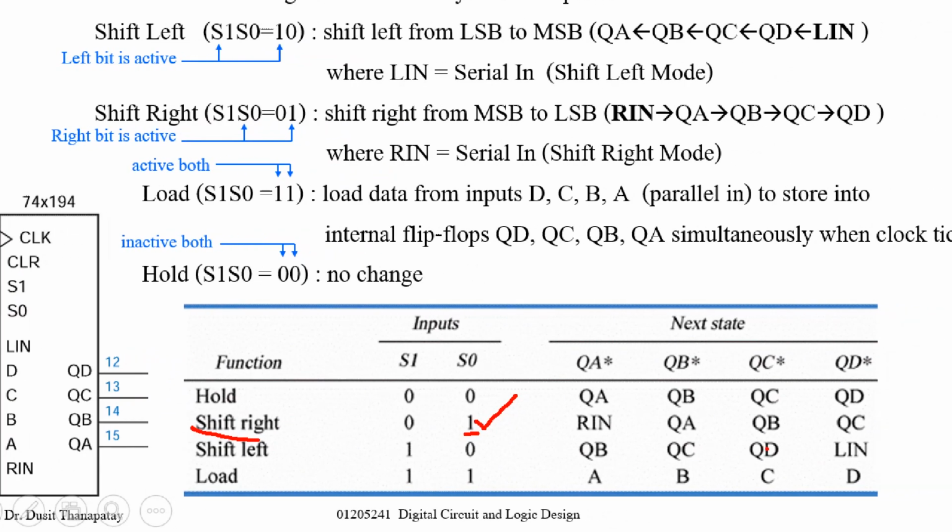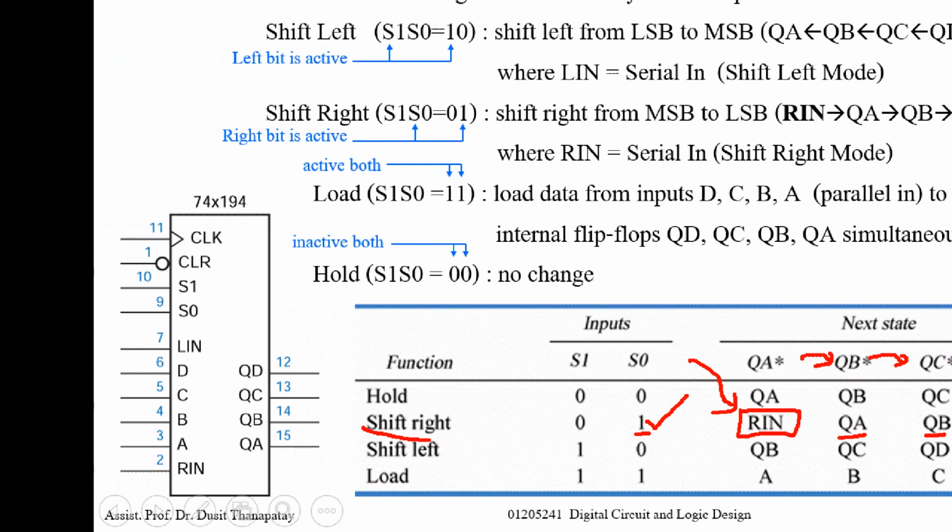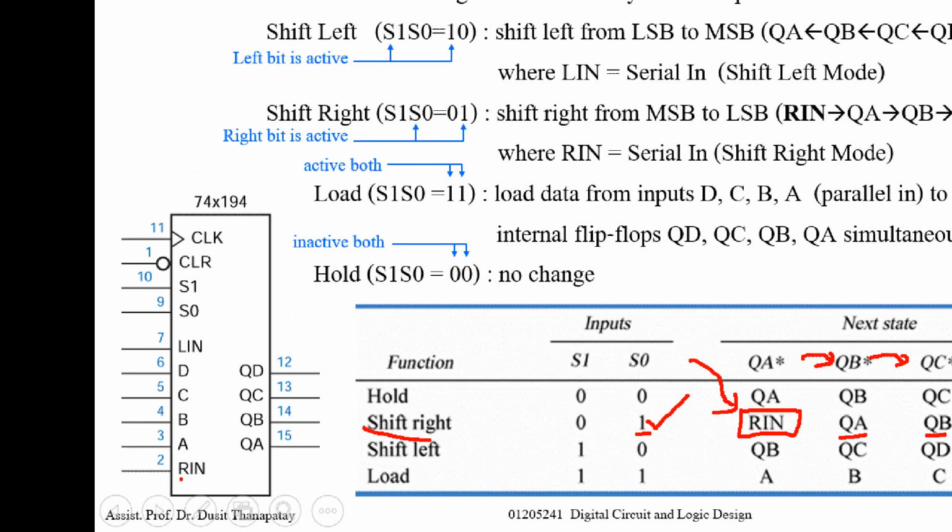Chip right means data from QA will shift to QB, QB shifts to QC, QC shifts to QD. When shifted, it becomes QA here, QB here, QC here. And this one will read data from 0 in. In this case, it's chip right mode.